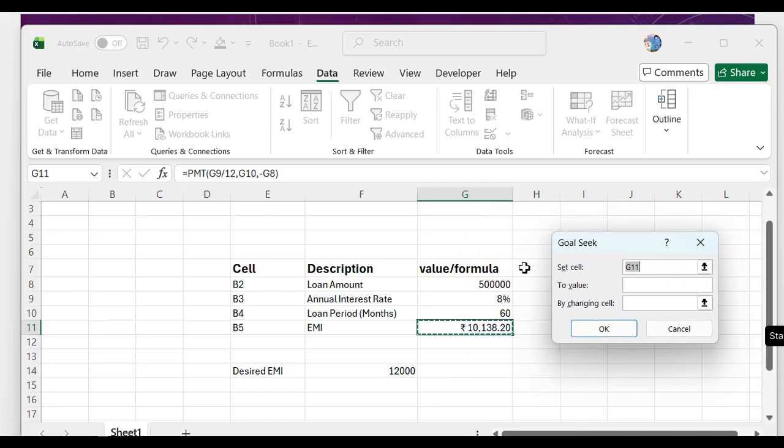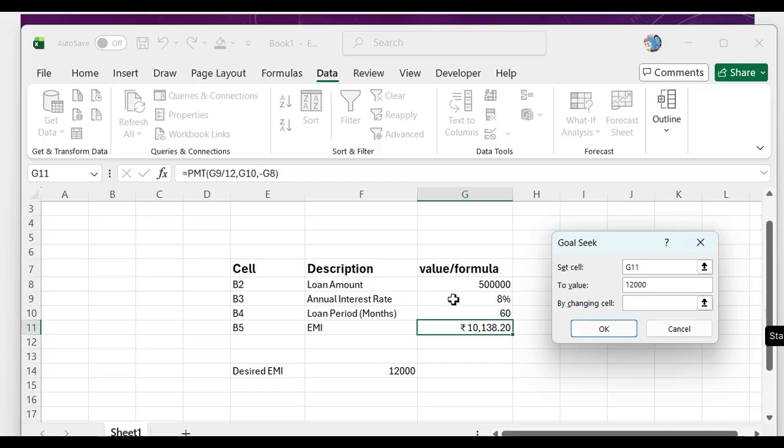Set the value to 12,000. So we have to give 12,000 by changing the cell.